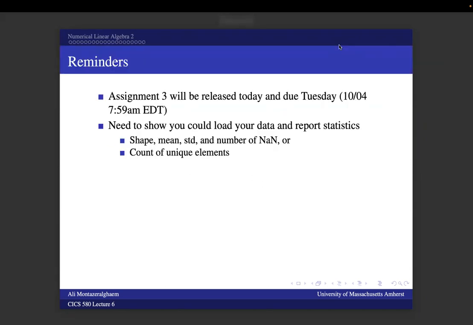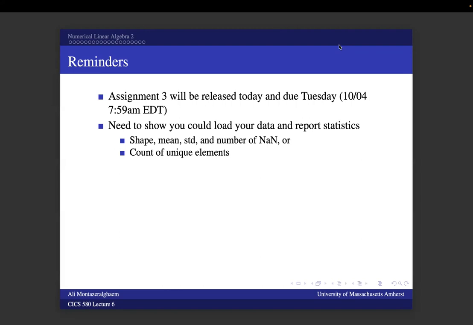Before that, we have two reminders. The first one is that assignment 3 will be released today, and the deadline for assignment 3 is next Tuesday. You need to keep in mind that probably assignment 3 is the hardest assignment in this course, and you need to start working on that early to be able to ask questions about the problems that you have in this assignment.